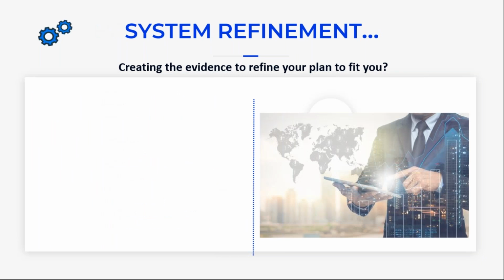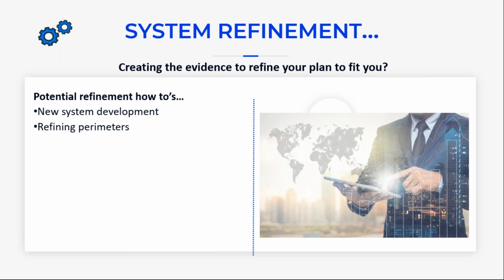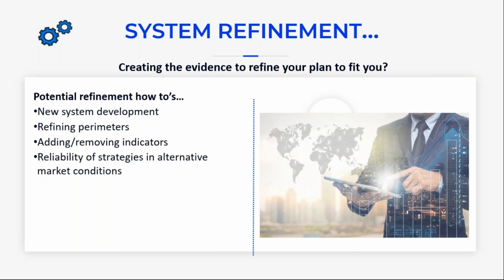So what we're doing in this process of evidence gathering and basing our trading on evidence is refining our system to fit us as individual traders. Some of these things include new system development, refining parameters, adding or removing indicators, the reliability of strategies, and alternate market conditions.